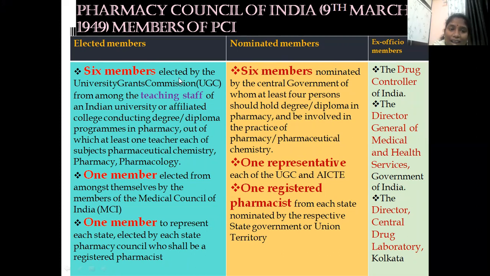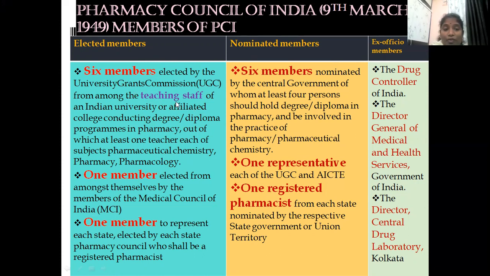6 members are elected by the University Grants Commission from among the teaching staff of the Indian universities or affiliated colleges conducting the degree. So only from the teaching staff, 6 members we are electing.